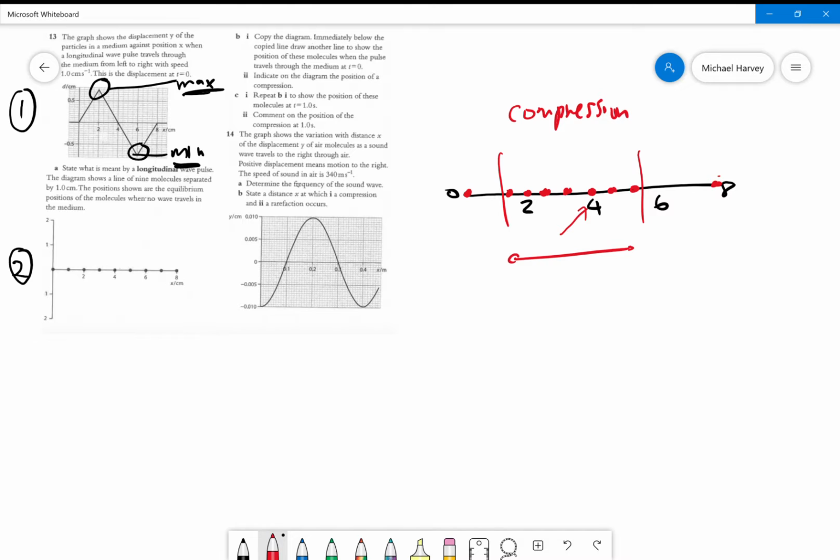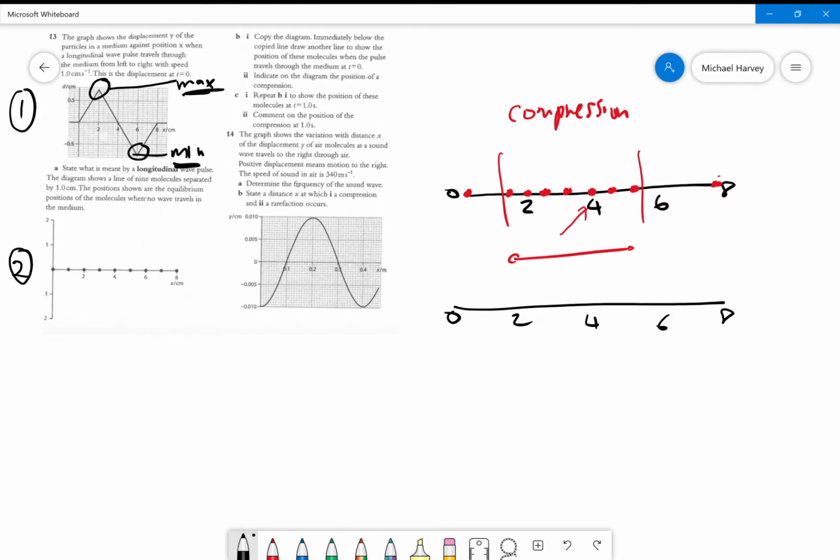It's going to be indicating the diagram position of the compression. It's going to be between 1.5 and 5.5. That's the compression. So now what we're going to do is repeat this number line, B I, to show the positions of these molecules at t equals 1.